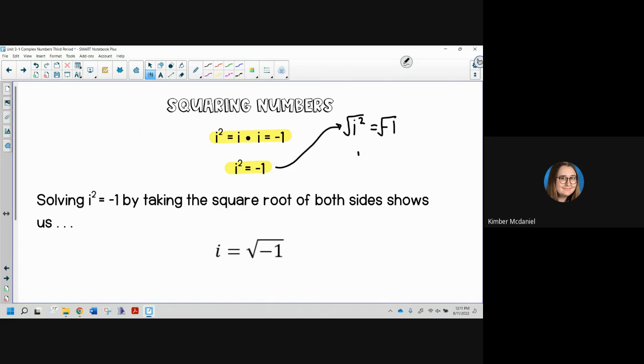That leaves us with i equals the square root of negative 1. Solving i squared equals negative 1 by taking the square root of both sides shows us that i equals the square root of negative 1.